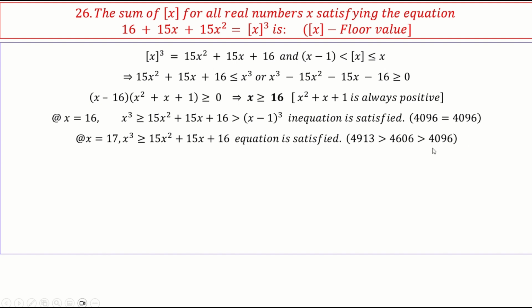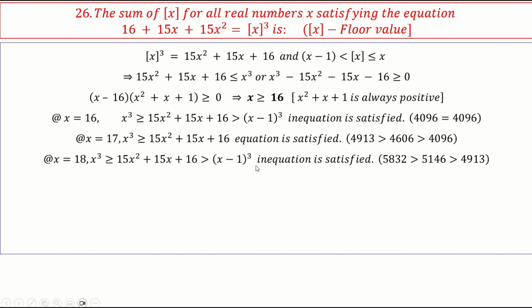At x equal to 18, it also satisfies. x cube is greater than or equal to 15x square plus 15x plus 16, which is greater than x minus 1 whole cube. You see the range of values here. This is x cube, this is 15x square plus 15x plus 16, and this is x minus 1 whole cube, which we get from here.